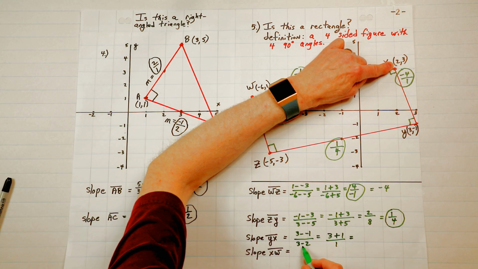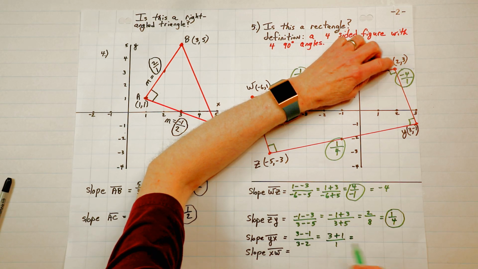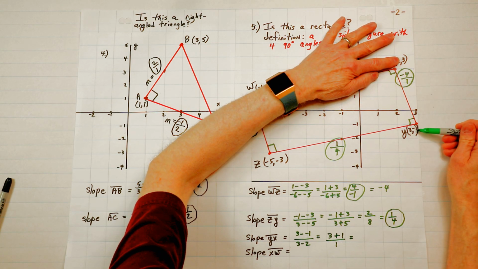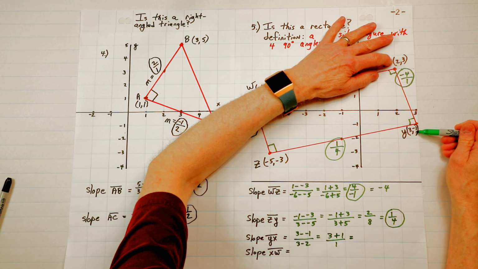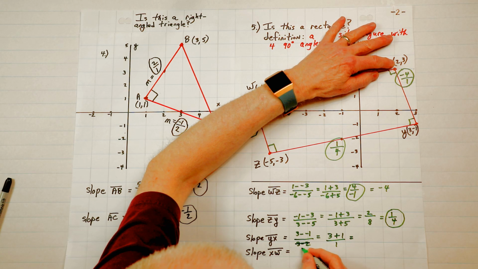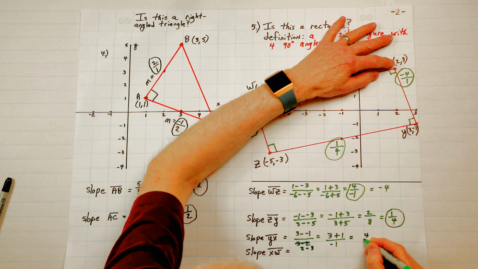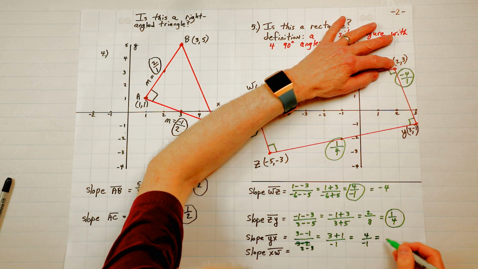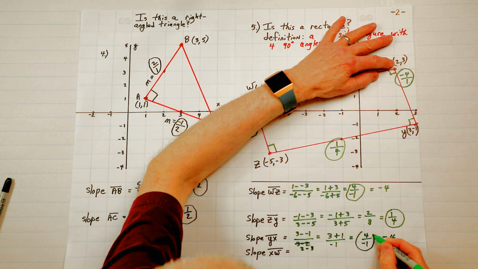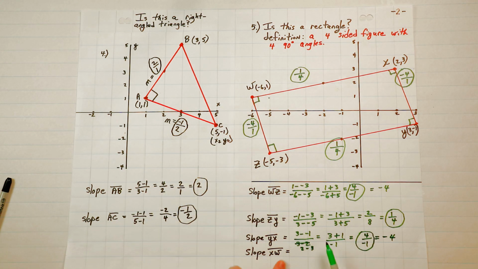I have to try and find my mistake here. Okay, so 3 subtract negative 1. Okay, that's right. And then 2, so okay, I did it backwards. I should have done 2 take away 3, and that would give me negative 1. Then that would give me 4 over negative 1, which is negative 4. So this is correct. See what I did there? It's just a careless error.